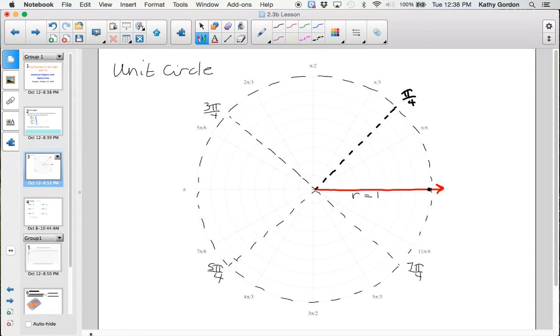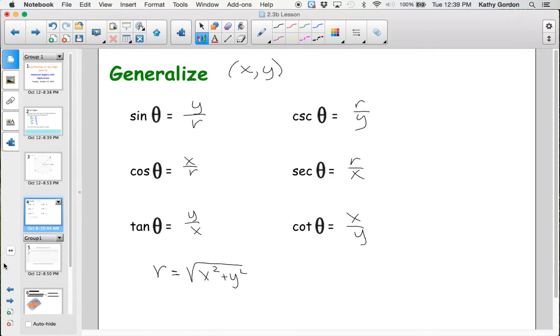And so this unit circle idea comes into play a lot with trigonometry, because by making r equal to 1, we can go back to our ratios and make them even more streamlined. Every place I now have an r, I can replace it with a 1.